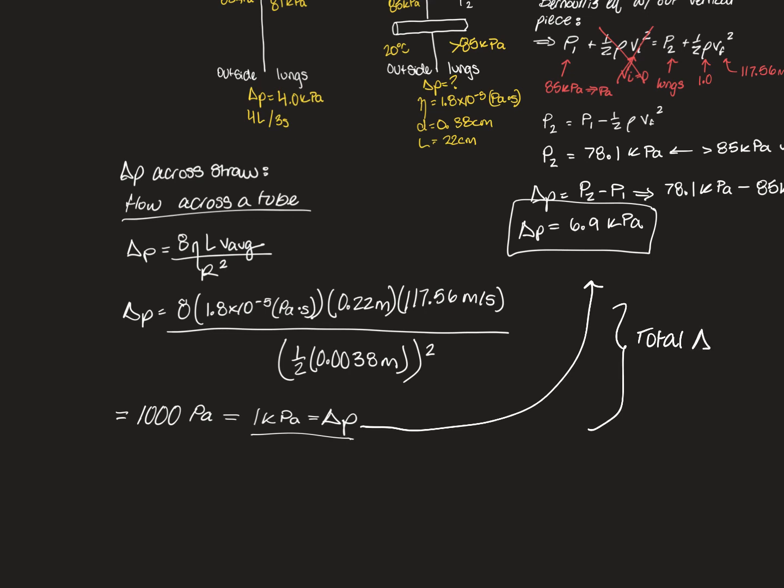So total delta P is going to be equal to 7.9 kilopascals. We're asked to find the additional pressure. So if we subtract 4 kilopascals from our original system without the straw, we get 3.9 kilopascals of additional pressure difference.